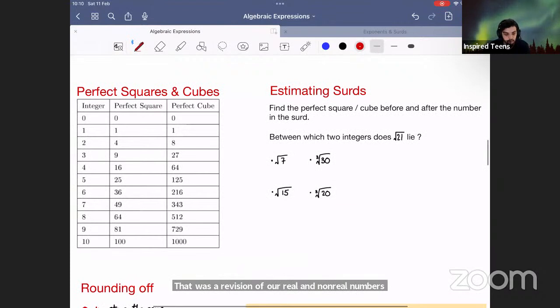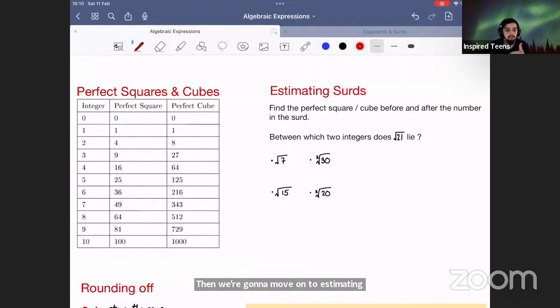Then we're going to move on to estimating surds, which is the next part. But before we talk about estimating surds, we're going to talk about our perfect squares and cubes that you should know. This table is a list, and for perfect squares, you should go up to 11 and 12. Your perfect squares: for 1 is 1, for 2 is 4, 3 is 9, 4 is 16, 5 is 25, and so on.